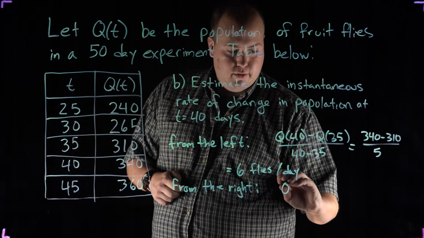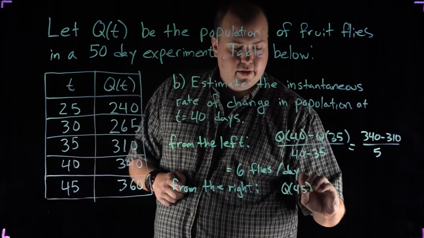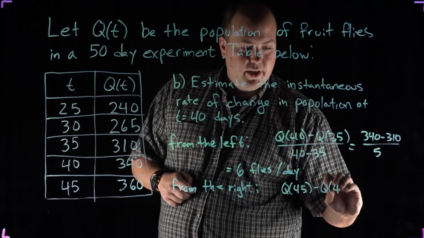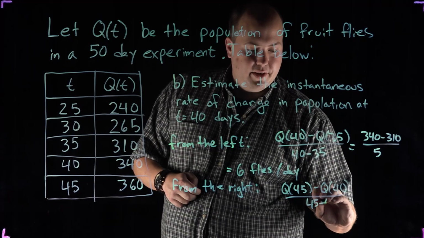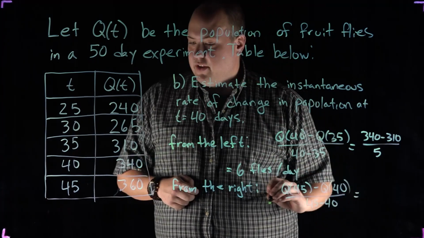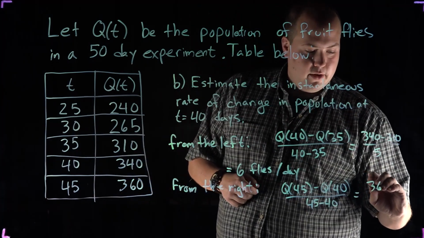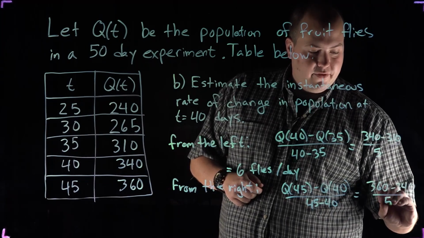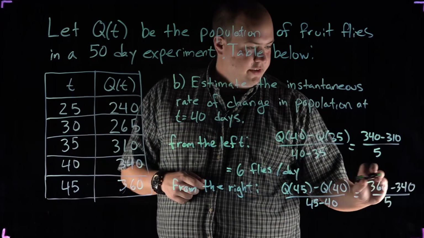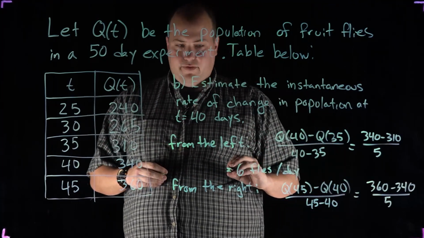we'll take q of 45 minus q of 40 over 45 minus 40, which will give 360 minus 340 over 5 again, which will result in 20 over 5, or 4.